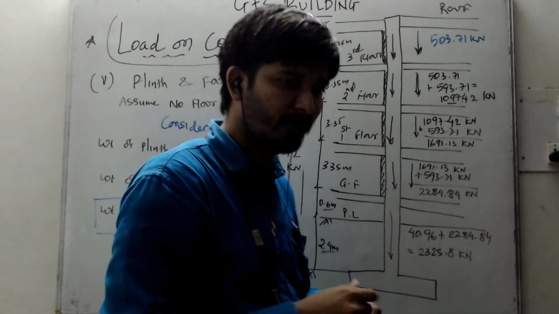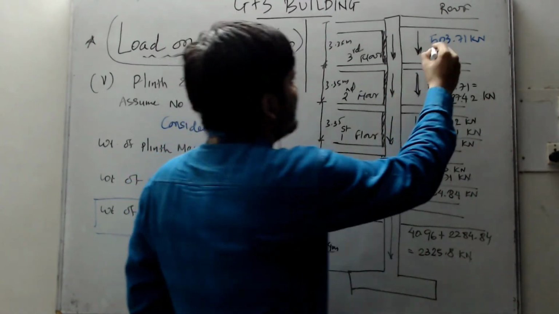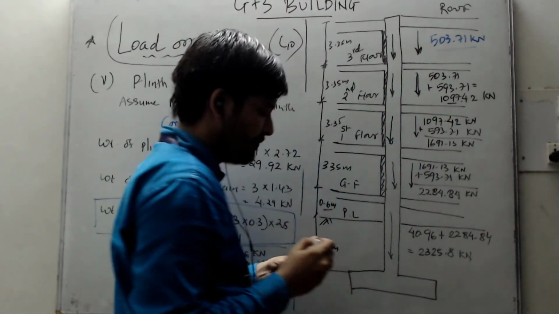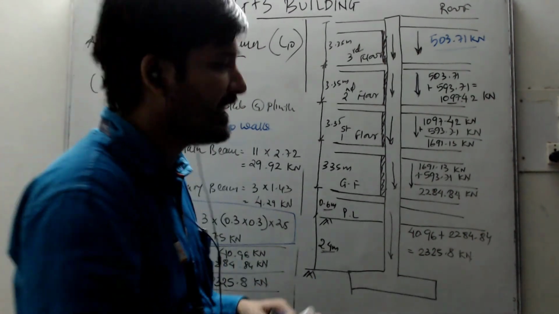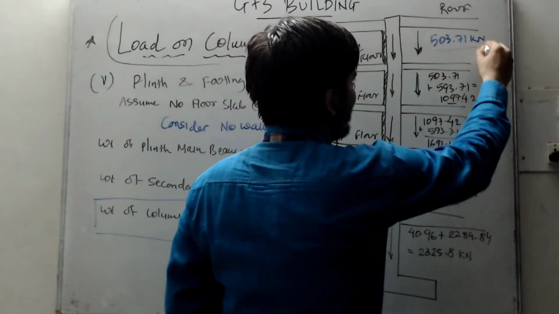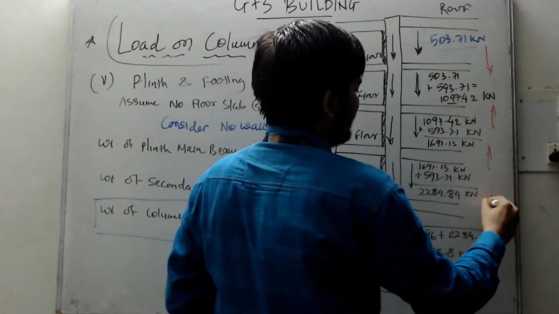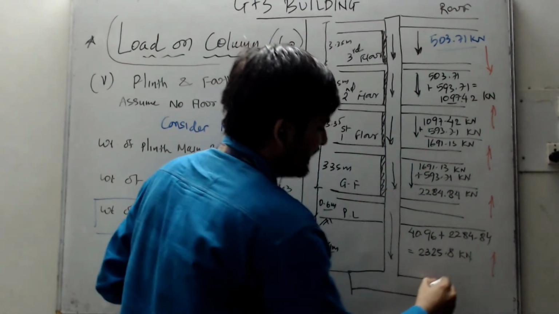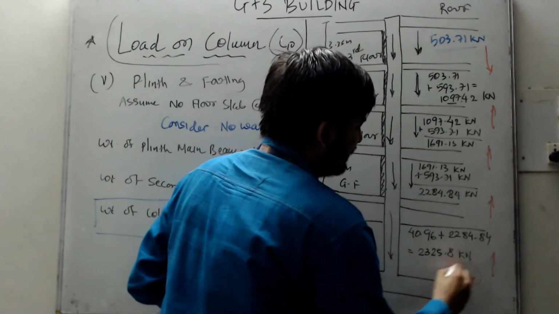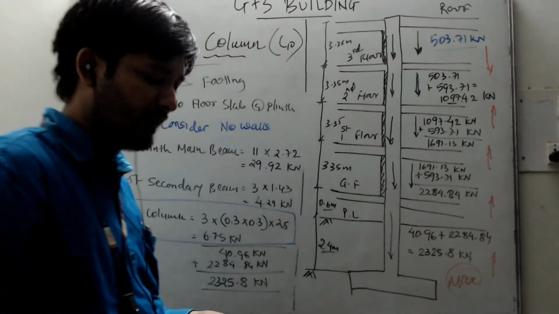Now what you can observe from this load calculation is this. See, at top we have 503.71. As we come down, the load is increasing, and maximum load we have at the footing.